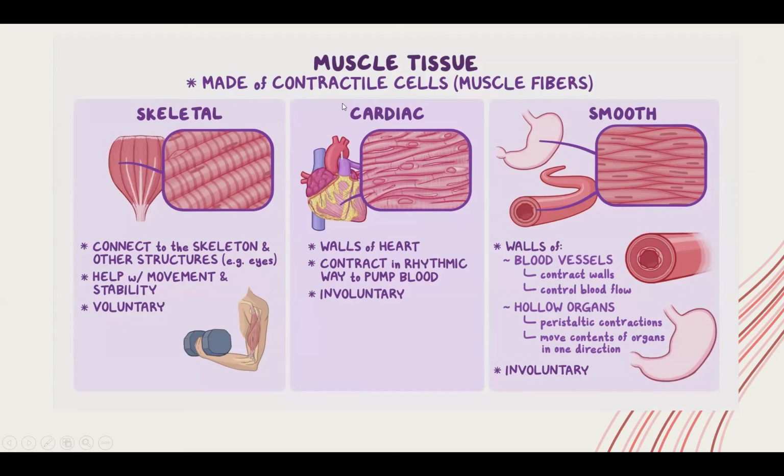Both skeletal and cardiac muscles are multinucleated, but smooth muscle has only one nucleus. These two have cylindrical shaped muscle fibers, but smooth muscles are spindle shaped. So those are basically the main differences between these three muscle types.